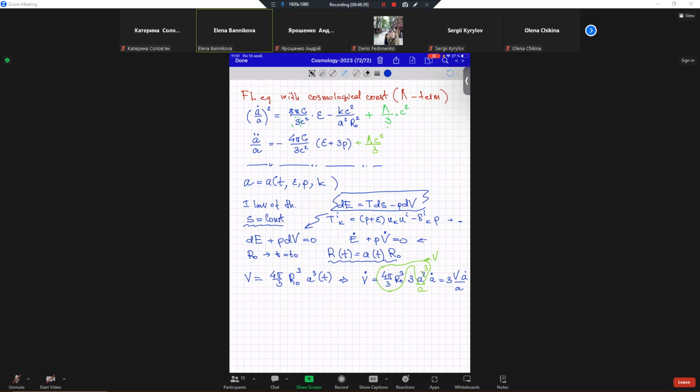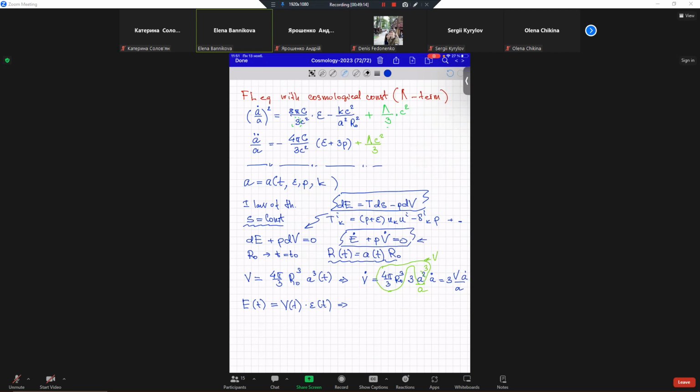So the inner energy of such a volume we can write as, because we also need to put the point in this equation, a function of t: the volume which changes with time multiplied by the energy density.